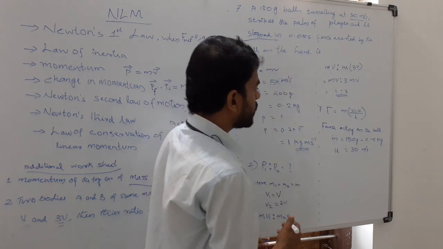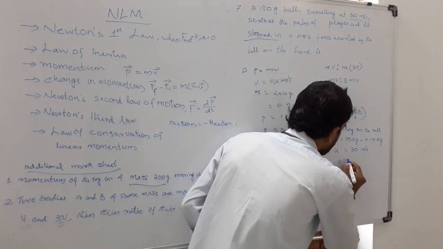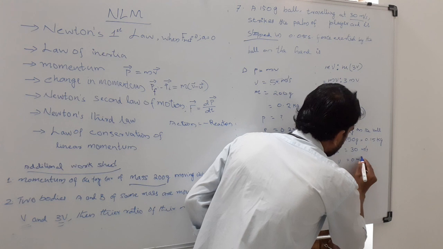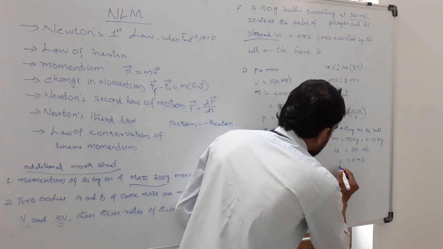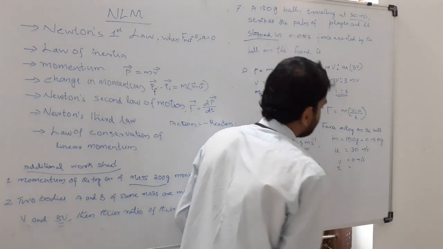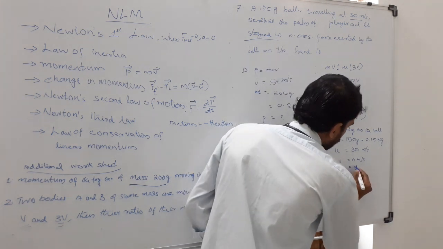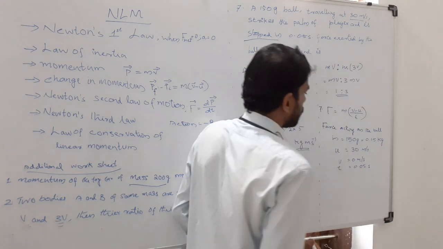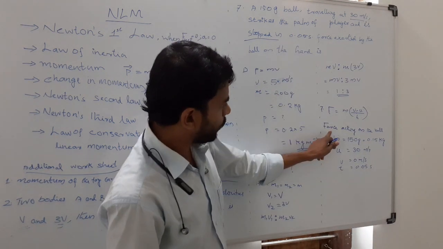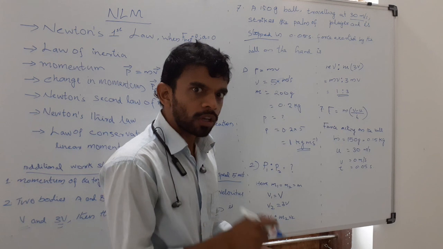When it is stopped, the velocity v is equal to 0 meter per second. Now time taken t is equal to 0.05 second. So these are the data given. We are finding the force acting on the ball.